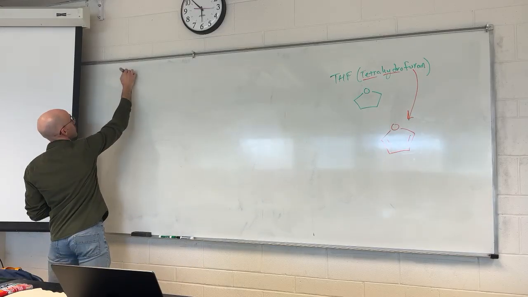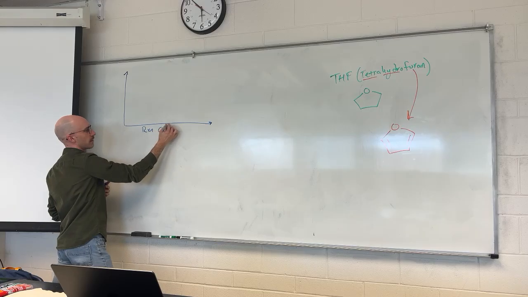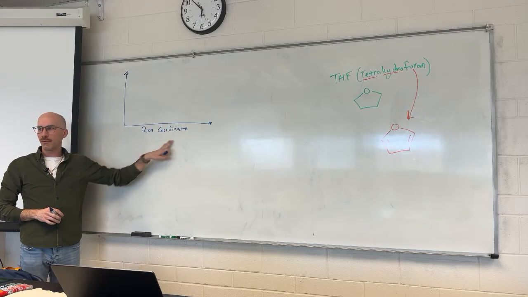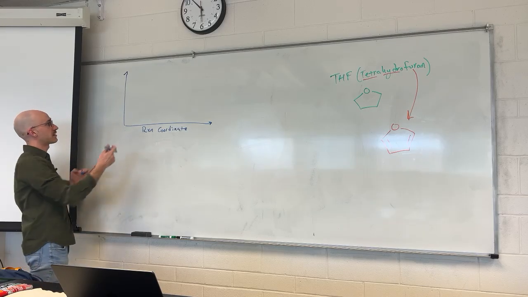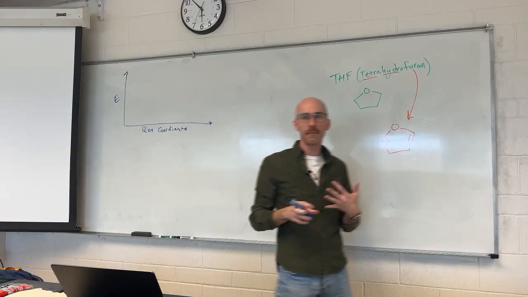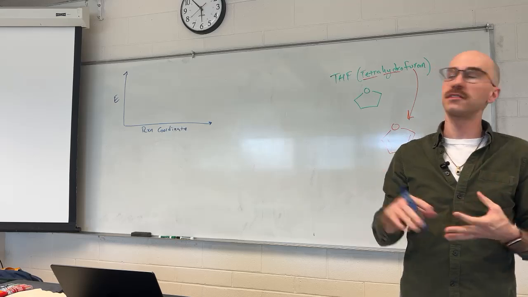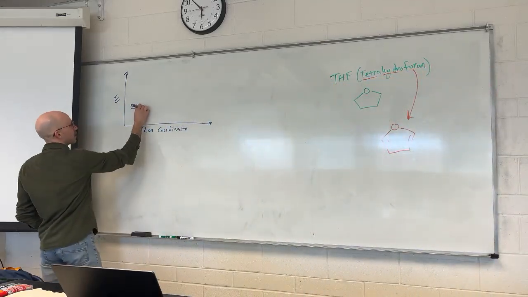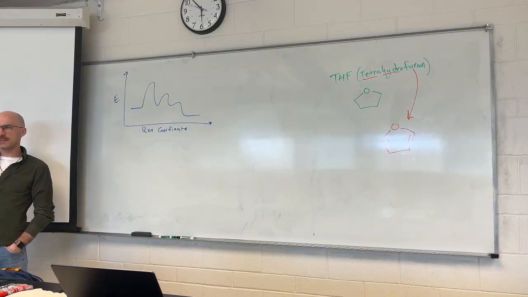Say, for instance, I'll put reaction coordinate on my x-axis. This is just saying, what about my reaction am I looking at? Products, starting material, things in between. And on the y-axis, I'll report energy of some type. Sometimes Gibbs free energy, sometimes enthalpy, sometimes just E. And then I'll see how the energy changes over the course of a chemical reaction. You've seen something like this, right?